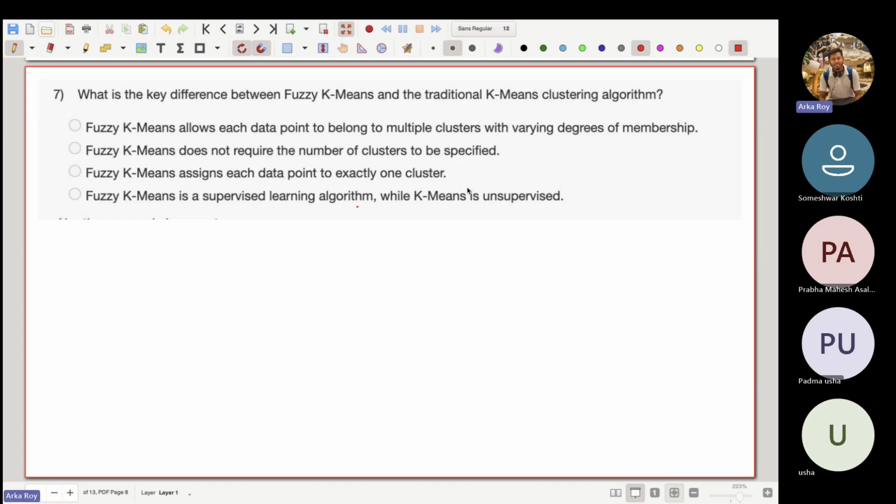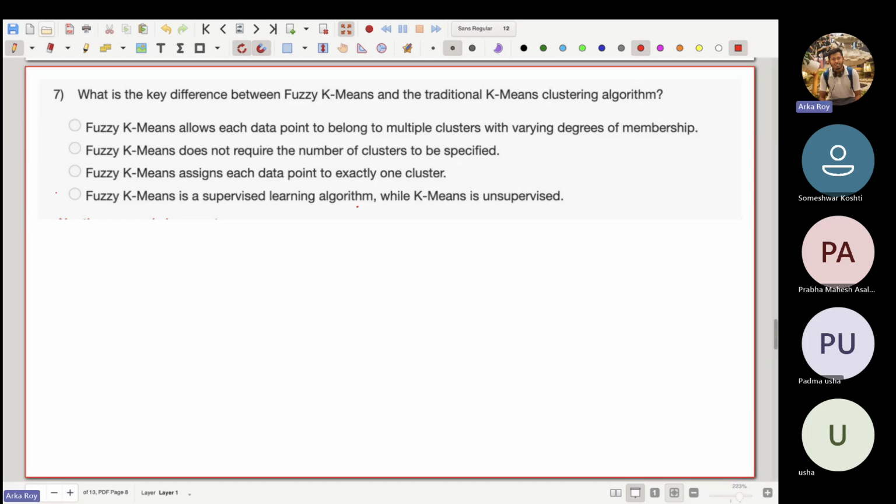So it doesn't matter whether it is fuzzy or traditional k-means. Ultimately, it is a clustering process, and clustering itself is an unsupervised learning process. So therefore, stating that fuzzy k-means is a supervised learning algorithm is incorrect.